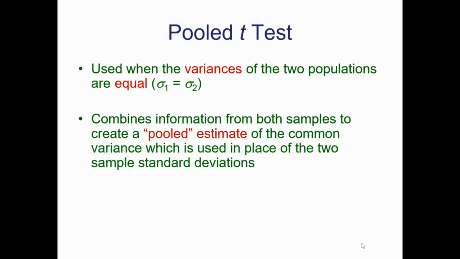This combines information from both of the samples to create a pooled estimate of the common variance. Notice, I'm not saying we're putting all the data in together. We're only doing this for the variance. We'll still have two separate means. We're just creating a common variance.